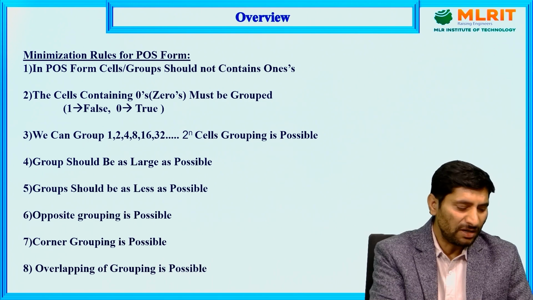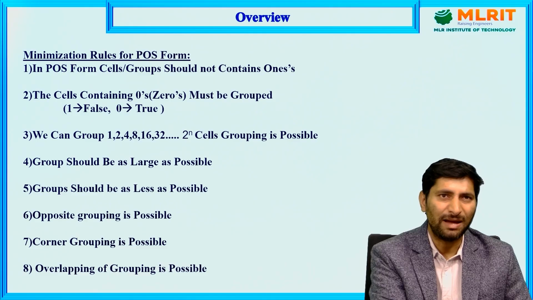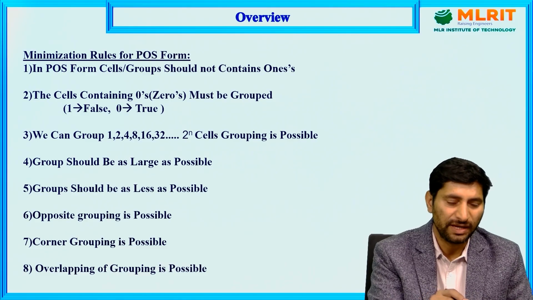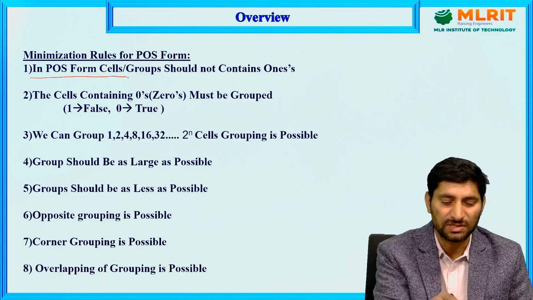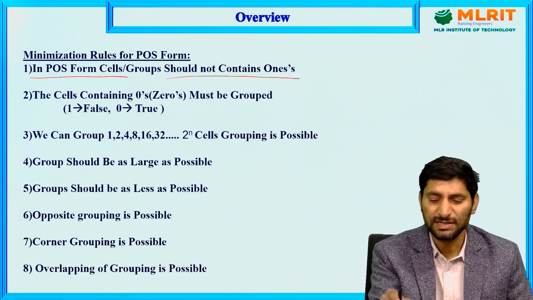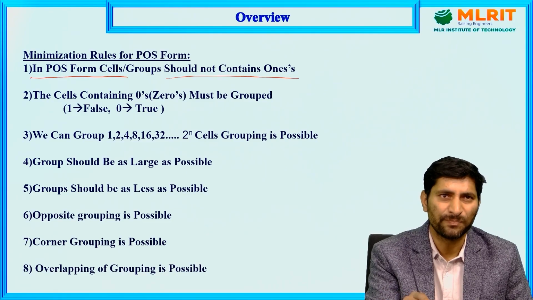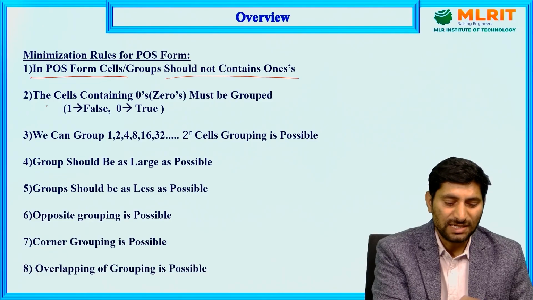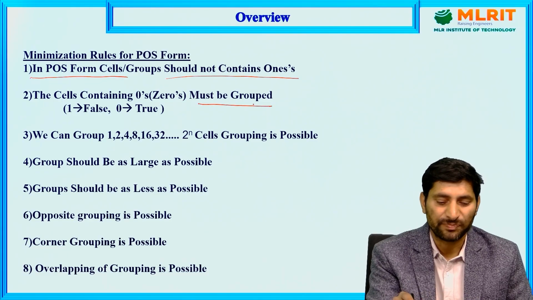As you know, if we want to minimize the K-map for POS form, we need to follow certain rules. Here 8 points are there. In POS form, our group should not contain ones. That is the first rule we need to follow. The next rule is that the cells containing zeros must be grouped.